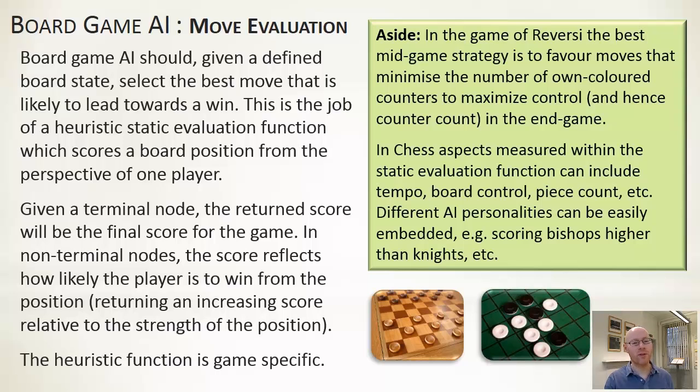So when we're talking about what's known as a heuristic or evaluation or static evaluation function, you can give it a particular board position and say, in this particular position, what is the next move that you could make? And quite often you can either pick one move, or you could pick all possible moves.